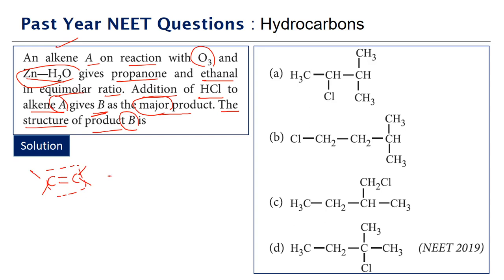On the formation of the ozonide complex, this is how the ozonide complex is going to look like, and after the ozonide complex is dissociated with zinc water, on one side you will have one carbonyl compound being formed, it may be aldehyde or ketone.